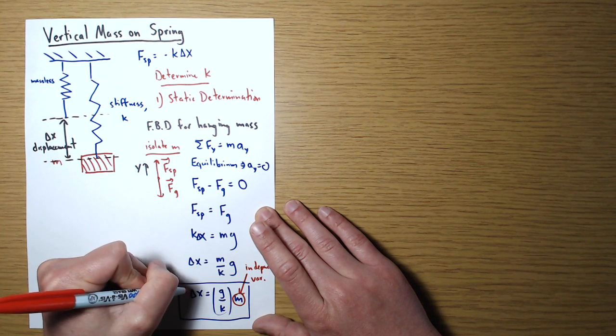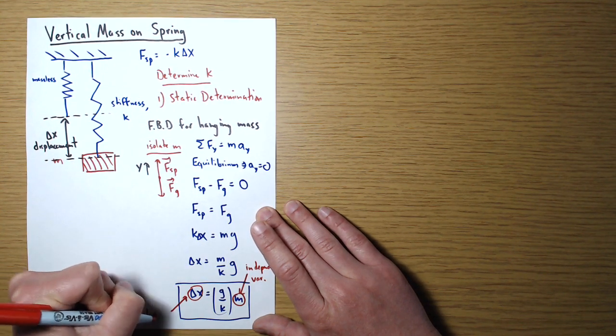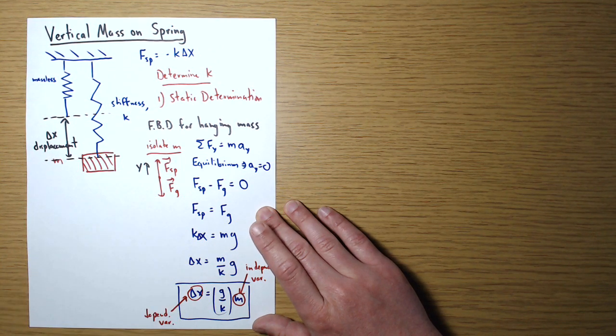And the delta x is the dependent variable. And what this means is simply that I can add experimentally however much mass I want to the spring, and then the system mechanically responds by giving me a certain delta x expansion.